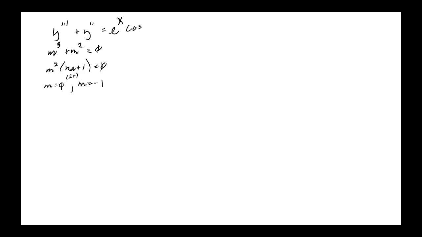Now, so our complementary solution, y sub c, is equal to c1 e to the 0th x, which is just c1. But because it's a double root, we have a c2 x e to the 0th x, which is 1.